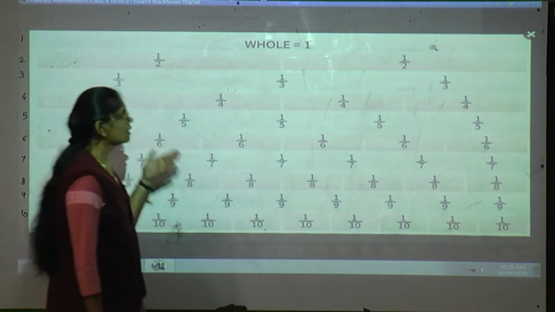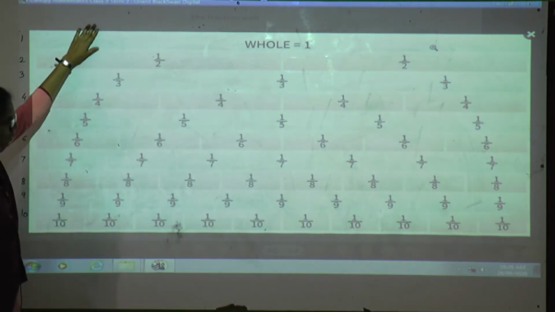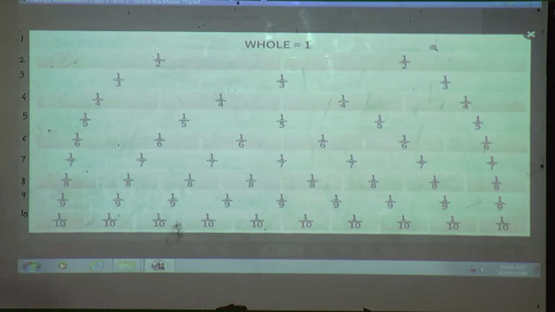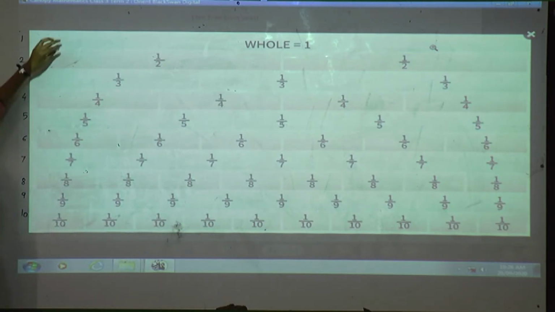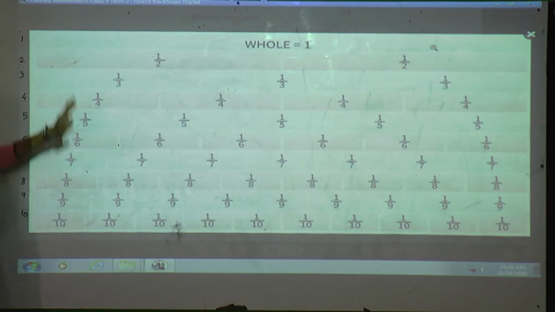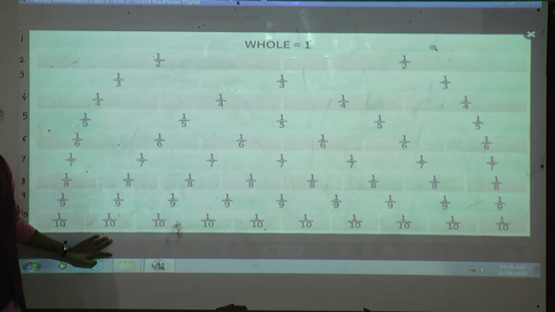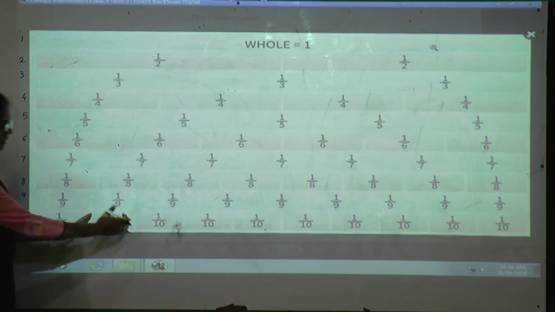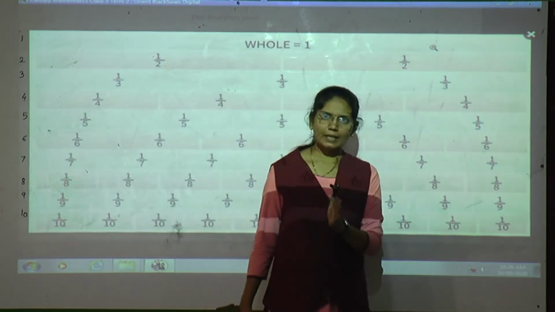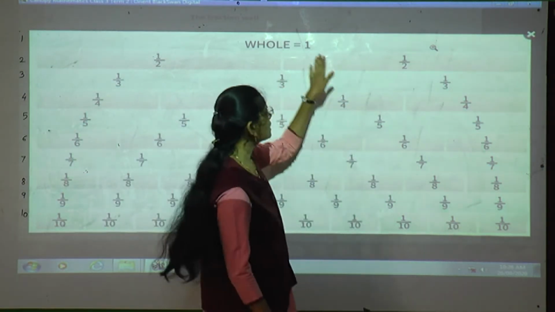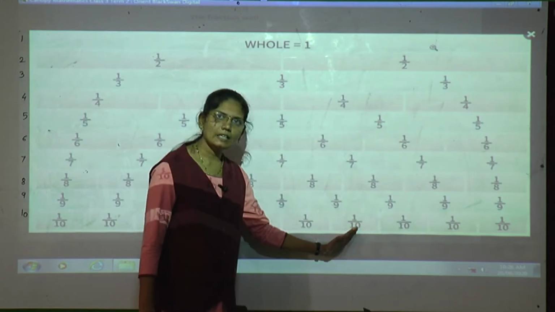In this way, if we divide this whole into 10 equal parts, now say students, this last row, if we divide this whole into 10 equal parts, then what is the fraction of each part? 1 by 10. What is the fraction of each part? 1 by 10, because the whole is divided into 10 equal parts.